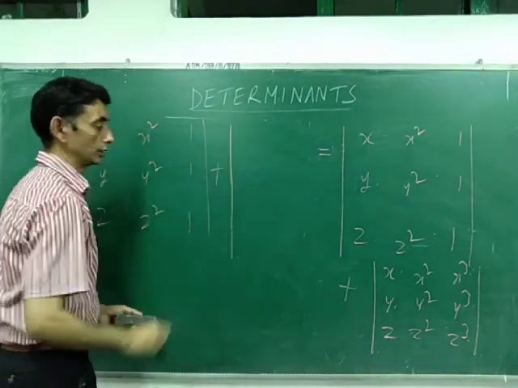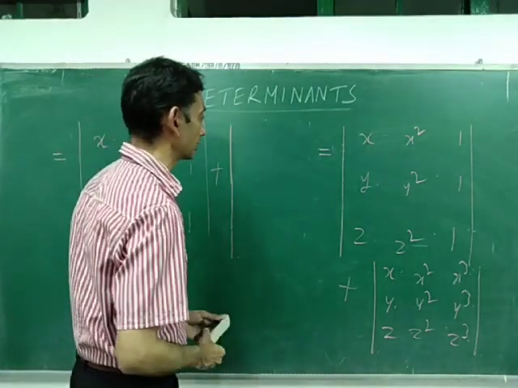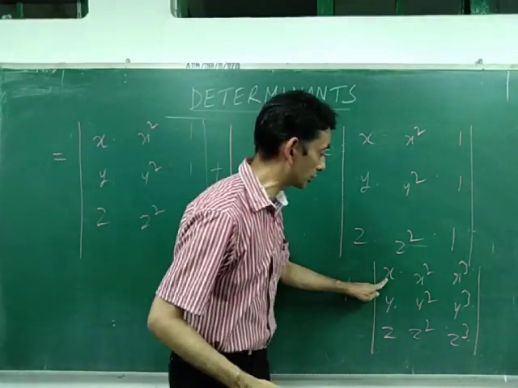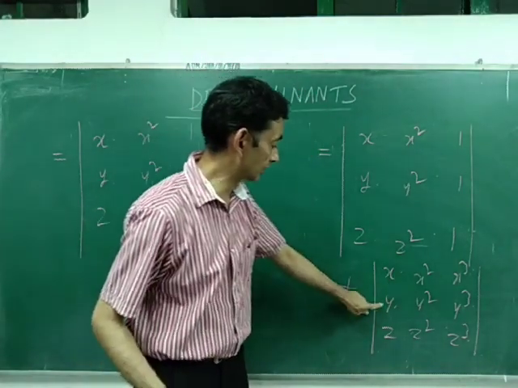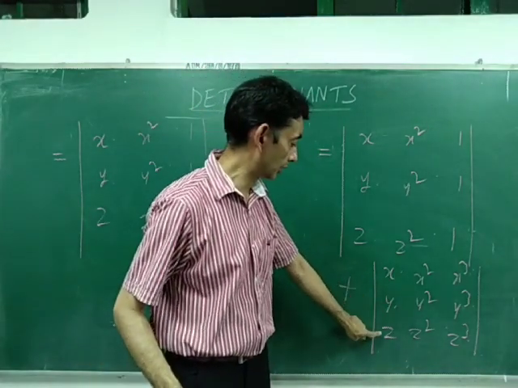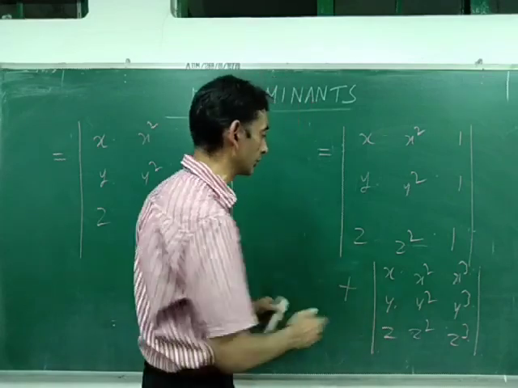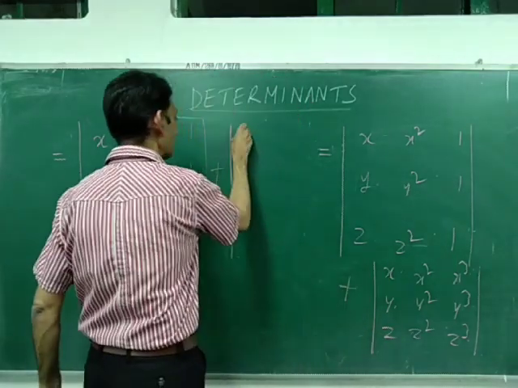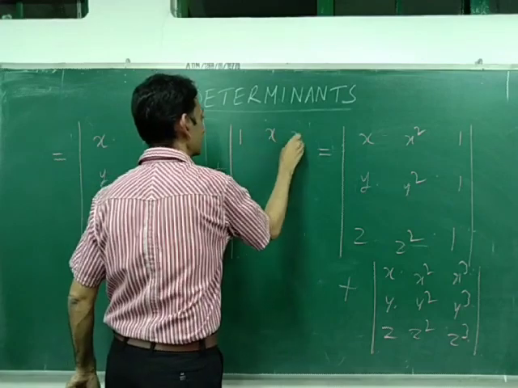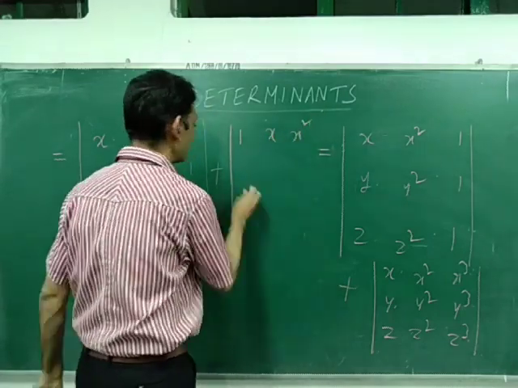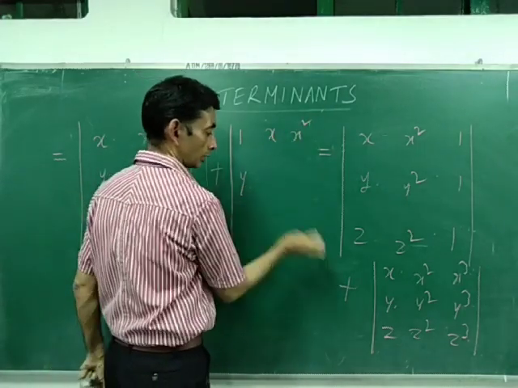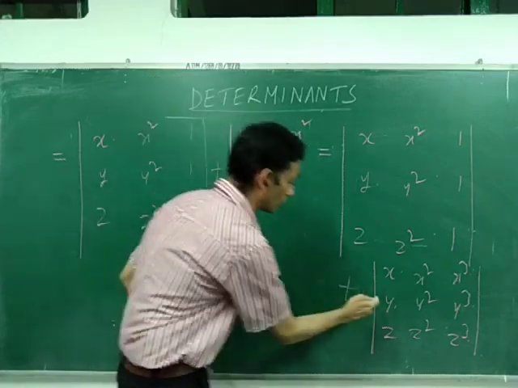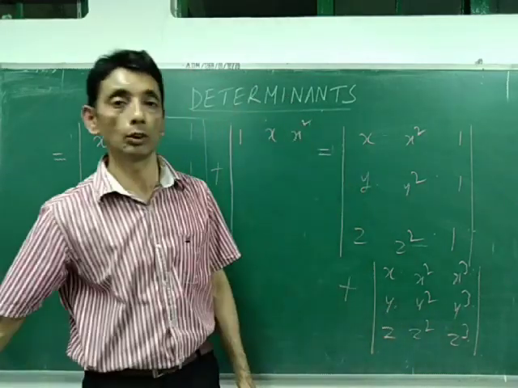From the second determinant, from the first row we can take x common, from the second row we can take y common, from the third row we can take z common. If you take x common from the first row, it will be 1, x squared, then y, this will obviously be 1 if you take y common from the second row.